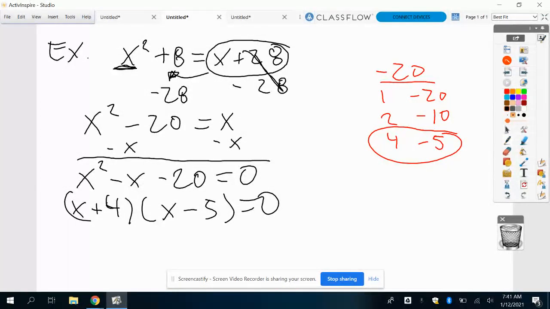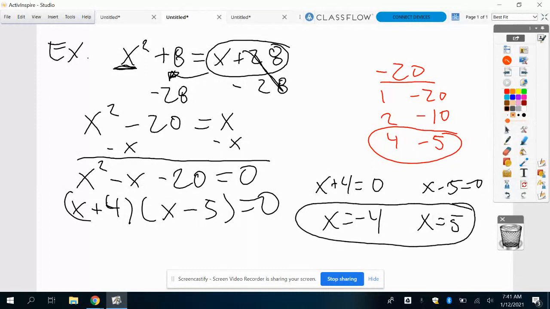So then if you set both of those equal to 0, you got x plus 4 equals 0 and x minus 5 equals 0. So you subtract 4 to both sides to get x to be negative 4. Here we add 5 to both sides, so x is 5. And those are your two solutions.